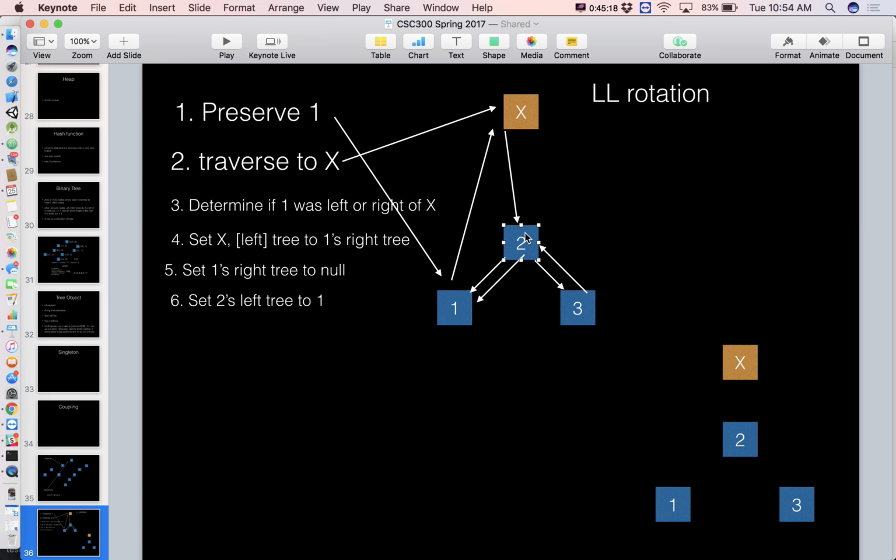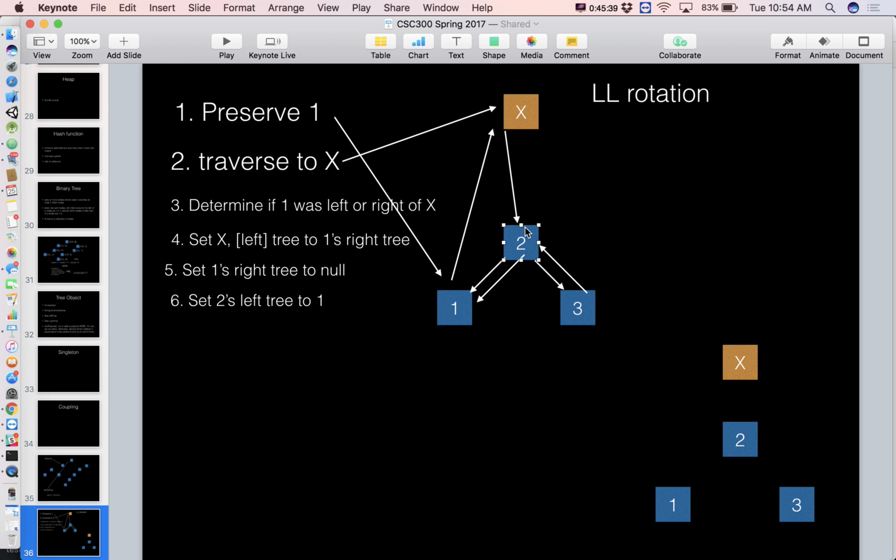Okay? Now, then we set one's right tree to null. So that's where we actually disconnected one from the two. But should there be another step in there? What did we want to do before we do that?